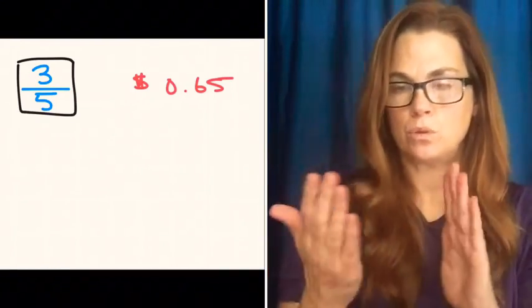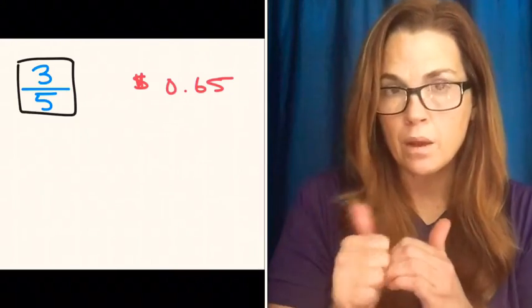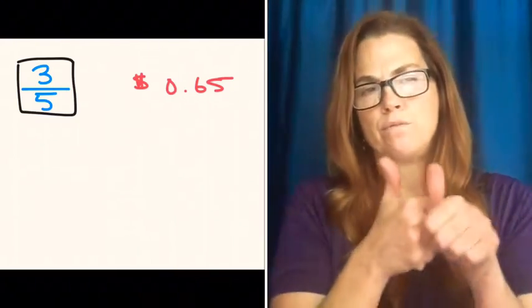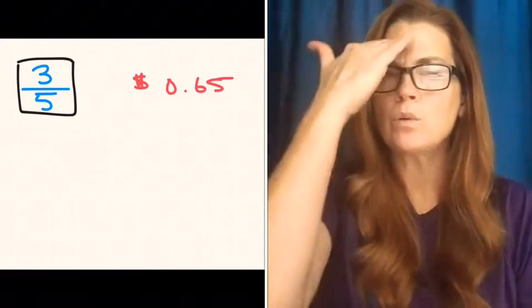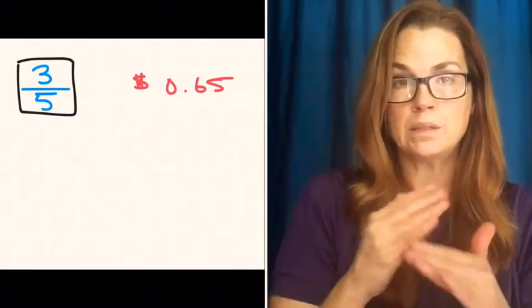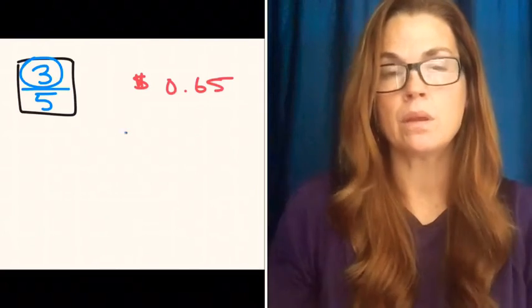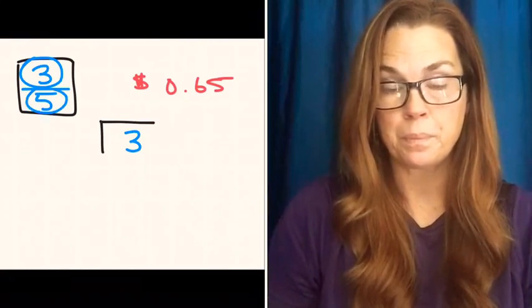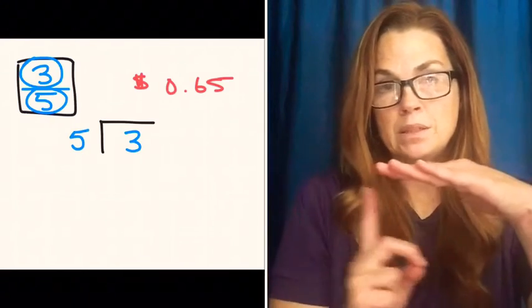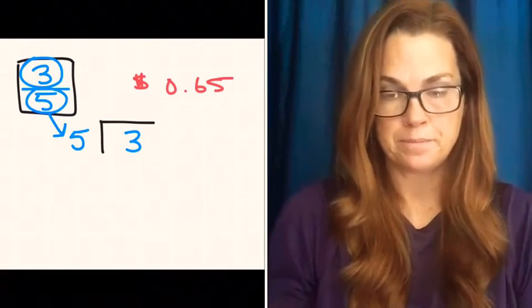I simply do what it tells me to. We know that a fraction is a division problem, so that's what we're going to do. We're going to divide our numerator of 3 by our denominator of 5. We know the denominator always stays outside.